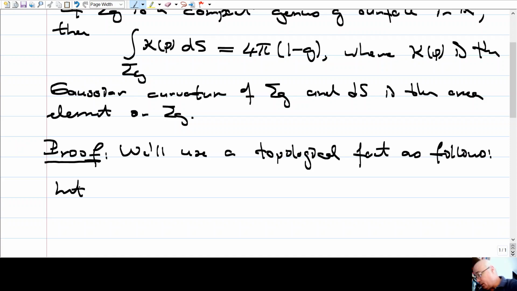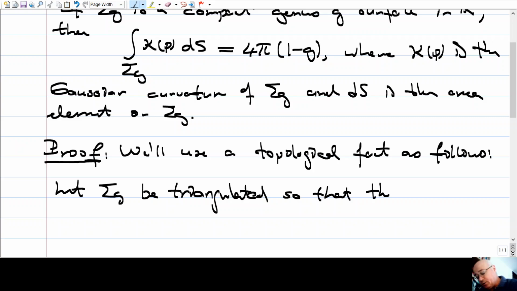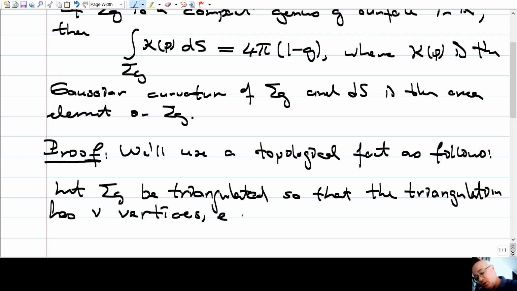Let sigma g, the surface above, be triangulated so that the triangulation has V vertices, E edges, and F faces.